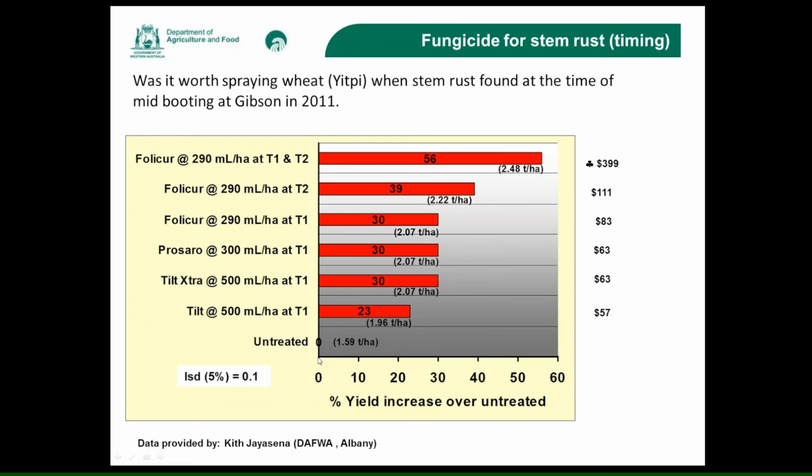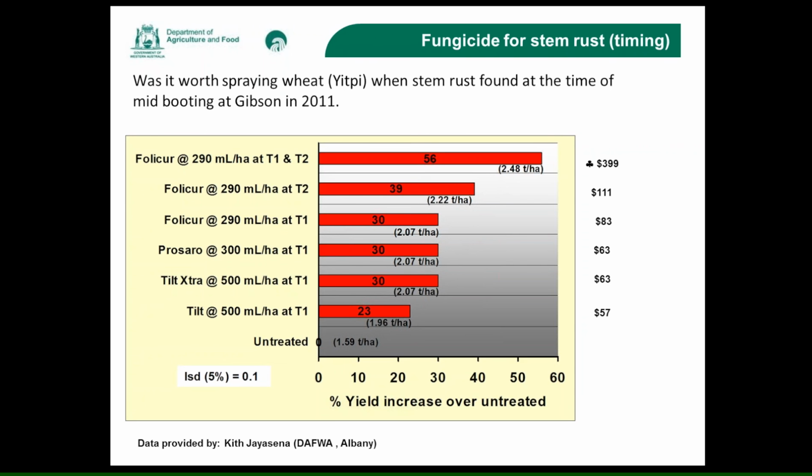Similarly, in a trial conducted by Keith Jayasena down at Gibson in 2011, I'm not going to spend as much time on this one. Basically, we can see that an early spray at booting, that's time 1, provided us with around a 30% yield response. A time 2 spray at post-flowering or at flowering provided us with about a 40% yield response, but in fact a combined spray had over 50%.